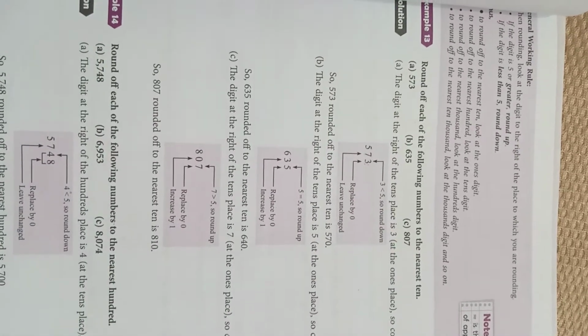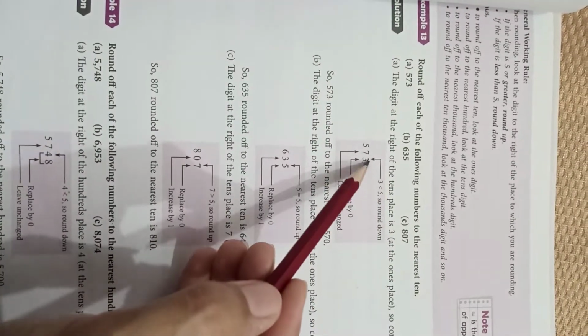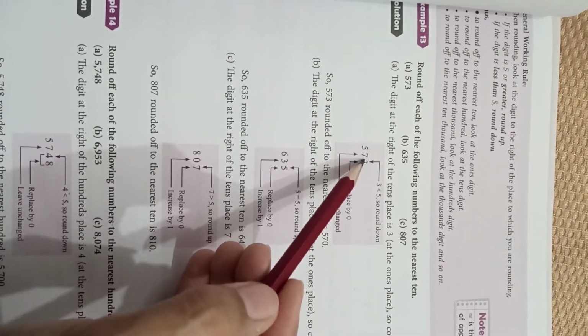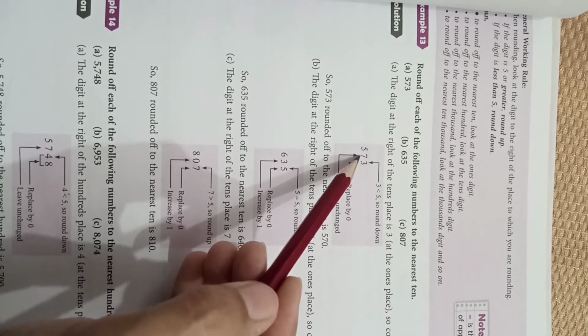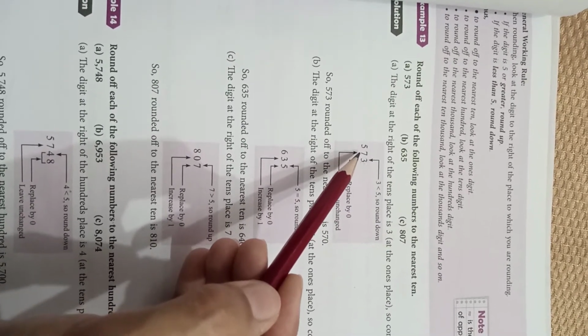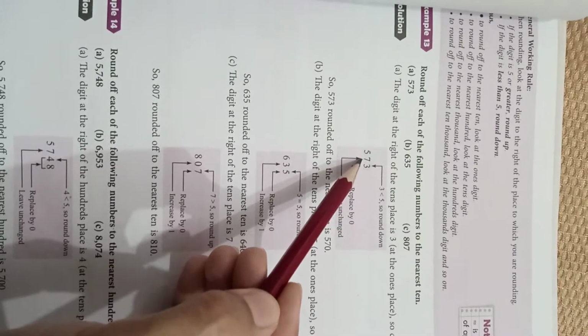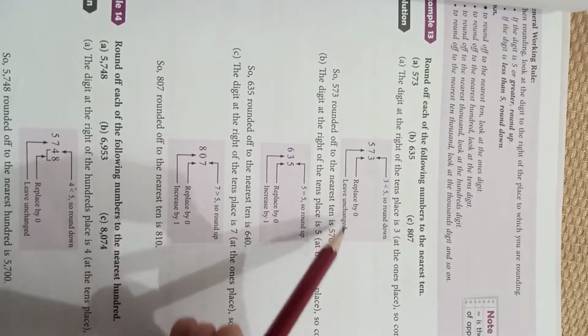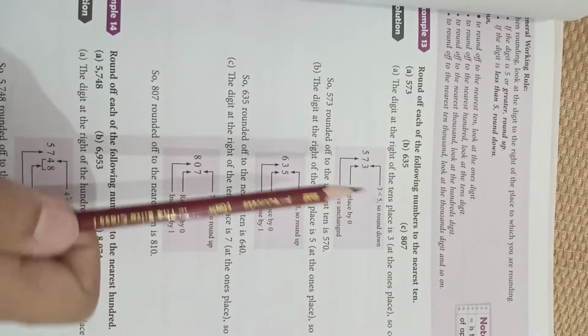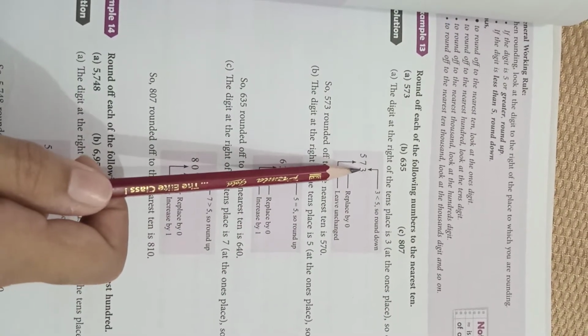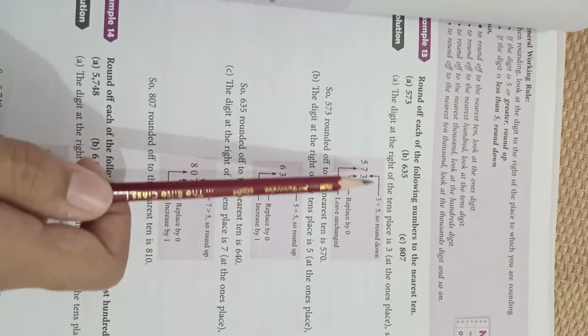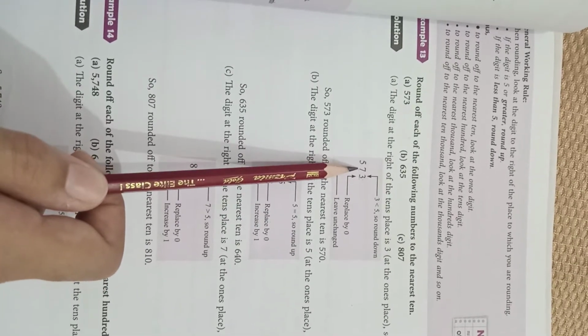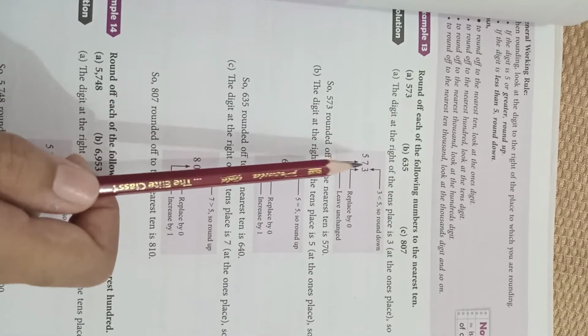When we round down, the ones digit changes to 0 and the tens digit stays unchanged, so 3 becomes 0 and 7 remains 7.